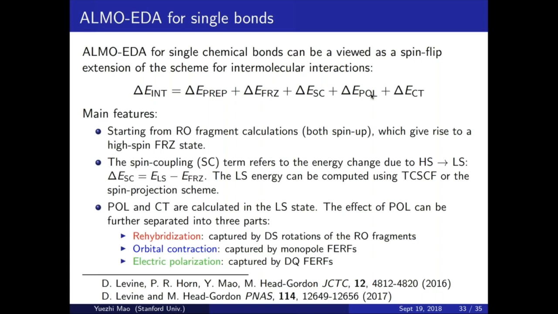Its main feature is that it starts from spin-pure fragment calculations with ROSCF, and they are both spin up. And this also gives rise to a high spin triplet frozen state. The spin coupling term, the SC term, is a new term in this bonded EDA, defined as the energy change due to the high spin to low spin flip.